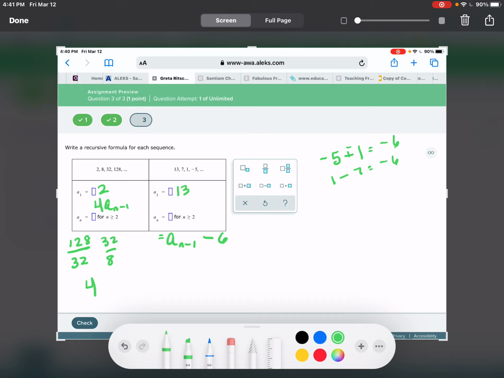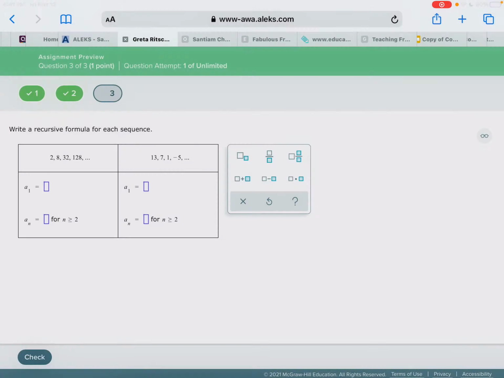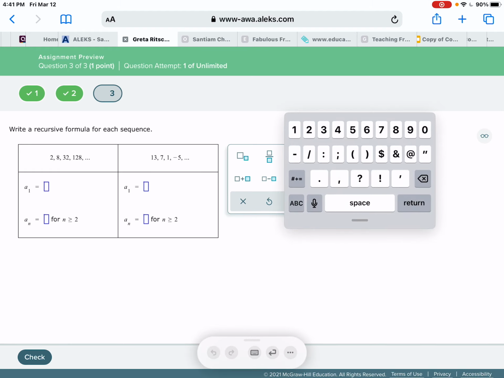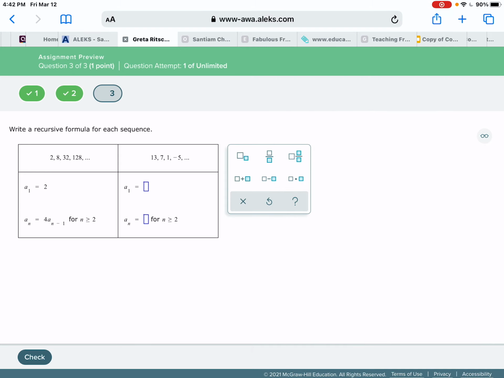I don't know if I can remember all this to enter it or not. That was a 2. And then we said we had 4 times a sub n minus 1. And then here, our first term was 13.